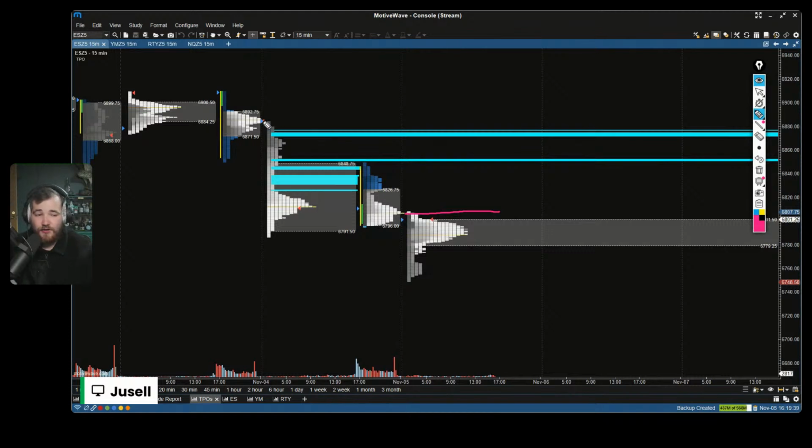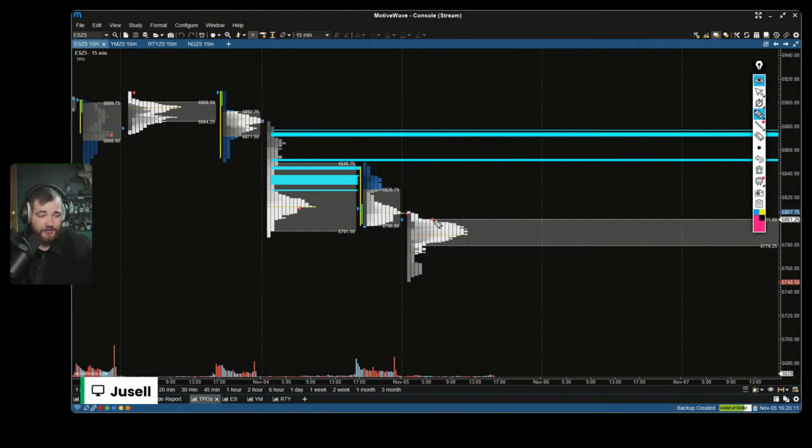We also have one old close that hasn't gotten filled yet, so this is also a level up here that is a magnet. We also created some single prints in the overnight session. These singles are not as important as RTH singles, but I still think they are valid. So we have three magnets to the upside, really, but the market is bearish, so there's a small conflict there. But if I'm going to look for trades today, I'm going to look for bullish trades.